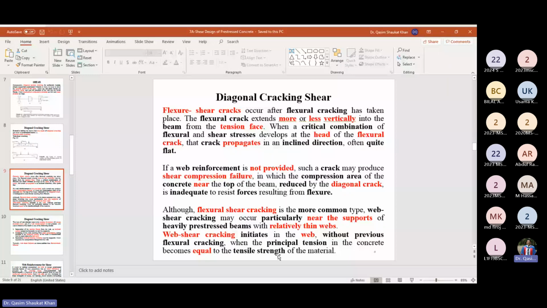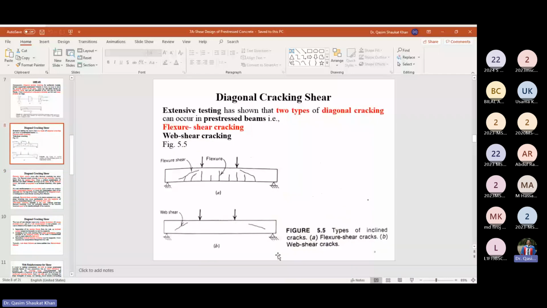Web shear cracking initiates in the web when the principal tension in the concrete becomes equal to the tensile strength of the material. And web shear cracks are almost 45 degrees to the longitudinal axis, whereas the flexure shear cracks are more flat, more horizontal or parallel to the longitudinal direction.